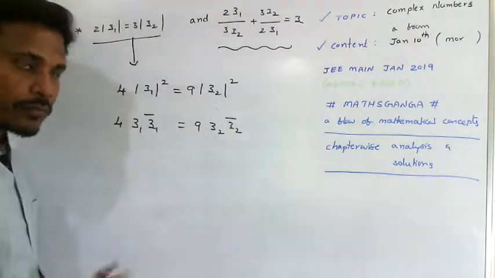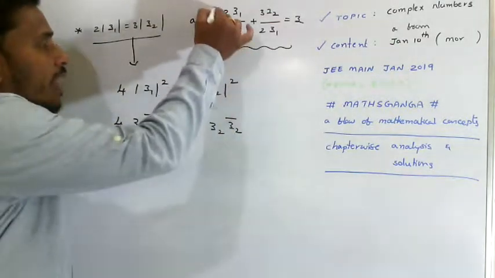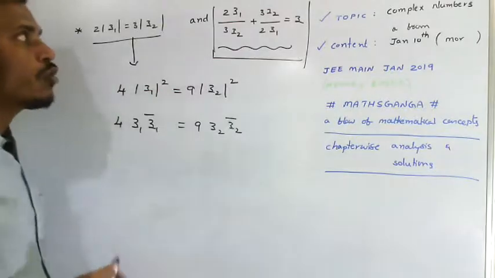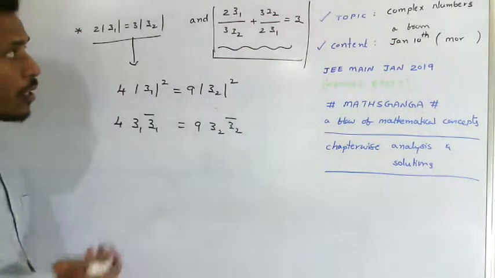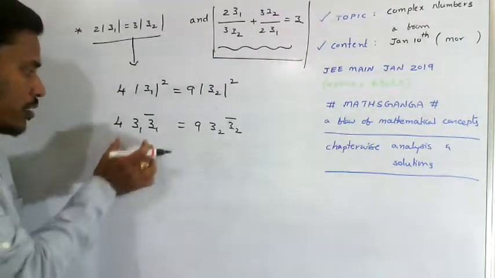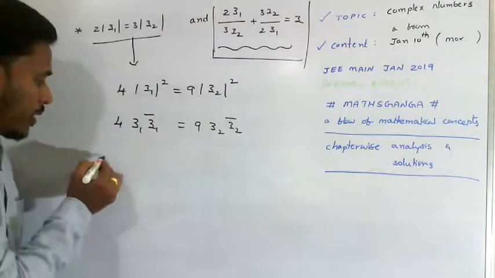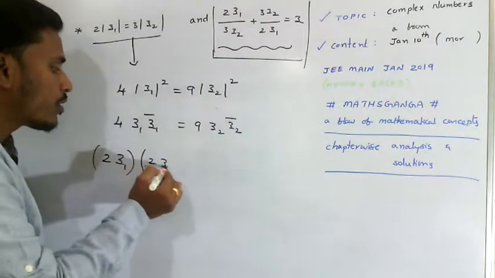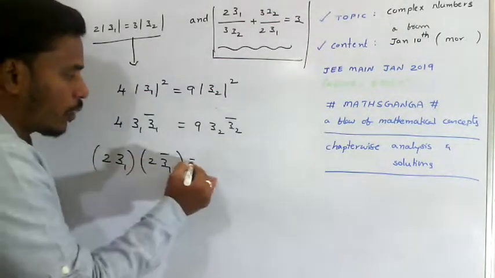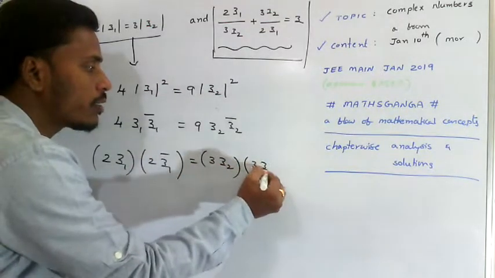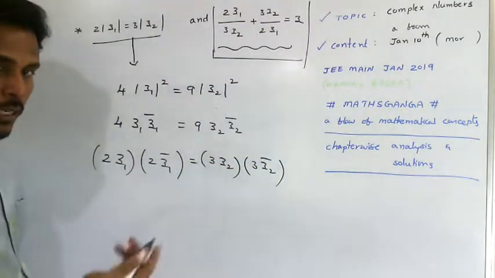Now see, another expression given in the question is 2z1 by 3z2 plus 3z2 by 2z1. By observing these two, I will split it like this: 2z1 into 2z1 bar is equal to 3z2 into 3z2 bar. Clear?